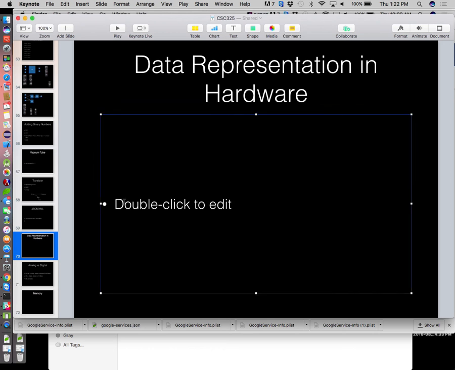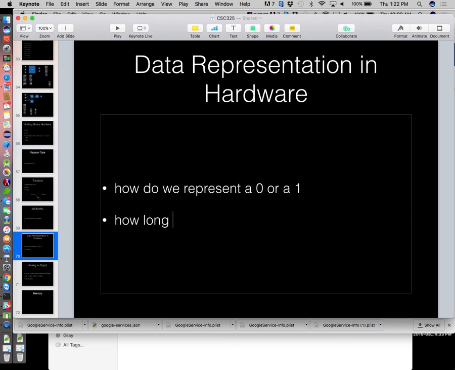So we could say, how do we represent a 0 or a 1? How long do we need to represent it? Those are two questions that we need to answer when we come up with a memory technology.